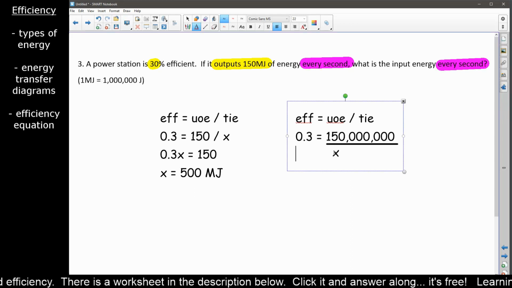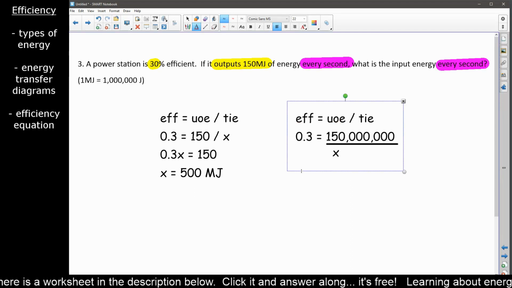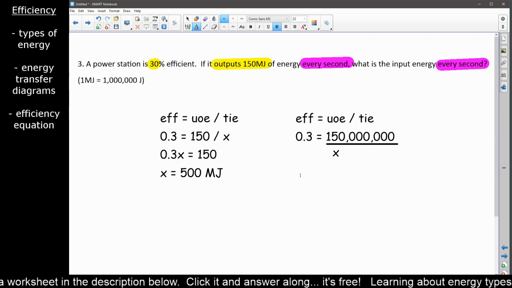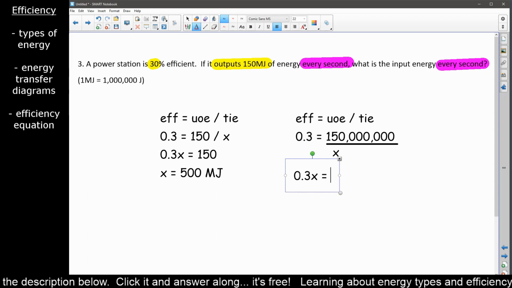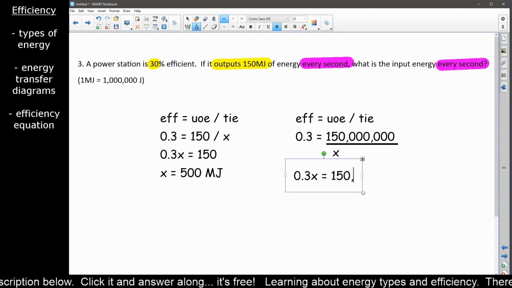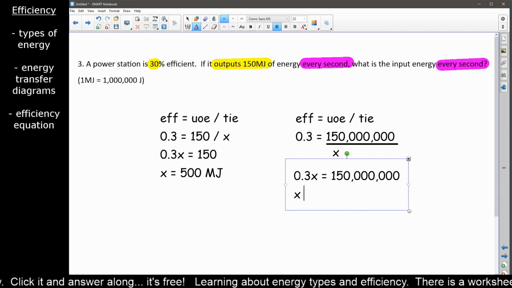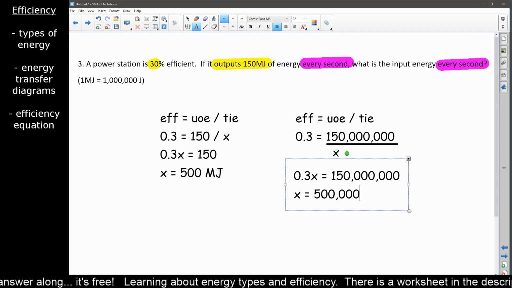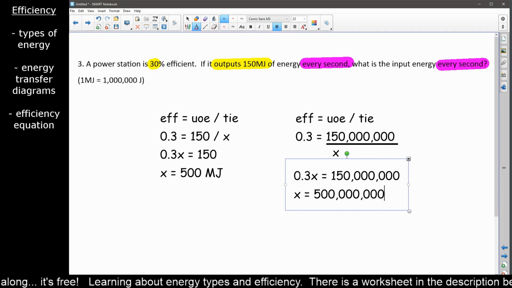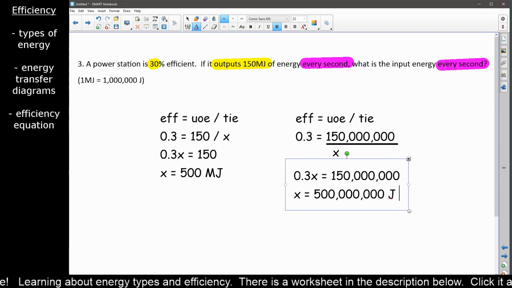And what we want to do is multiply both sides by x again, just as we did before. This will give us 0.3x is equal to 150 million. So x therefore equals, divide both sides by 0.3, and we end up with 500 million. But in this case, this is just joules, and this is 500 megajoules.